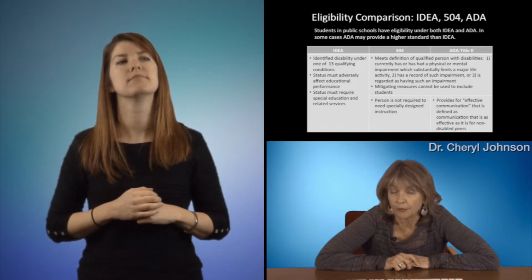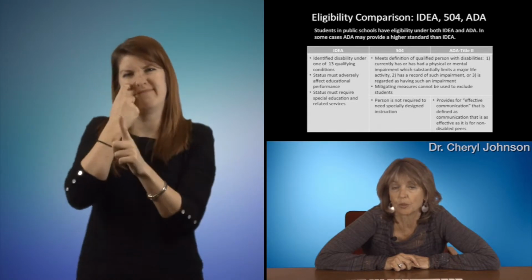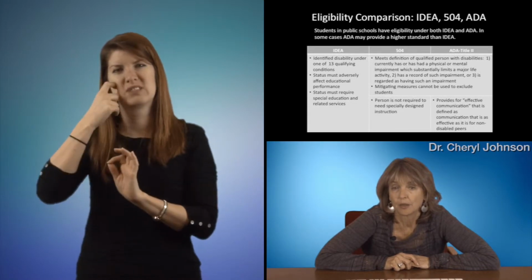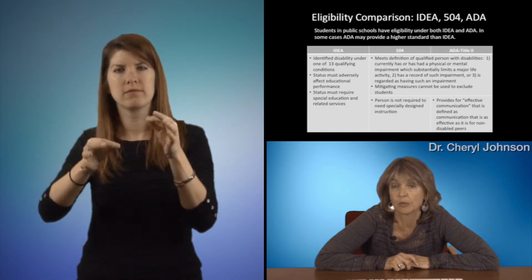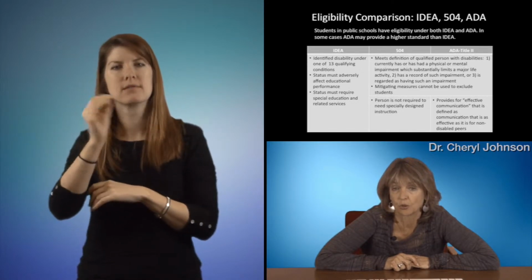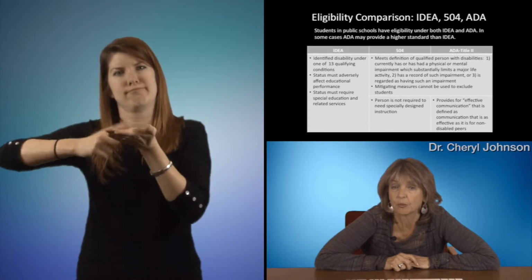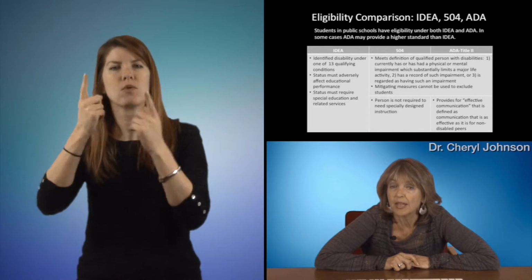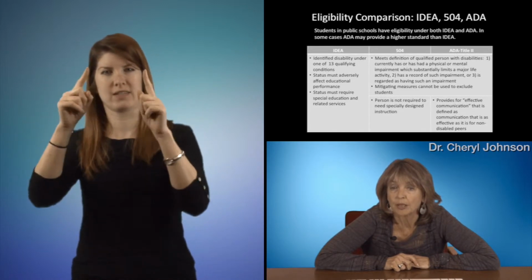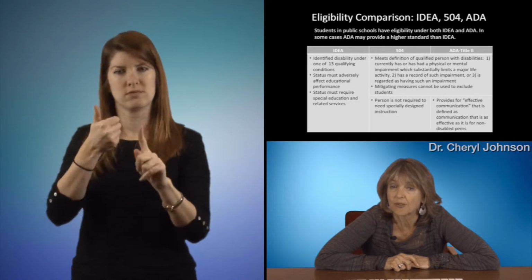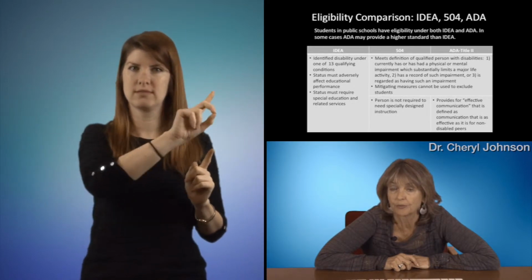Something that's different comes out of a brand new interpretation that was recently sent out from the Departments of Justice and Education. It talks about the ADA requirement for effective communication. They define effective communication in the ADA as providing communication that is as effective as it is for non-disabled peers.